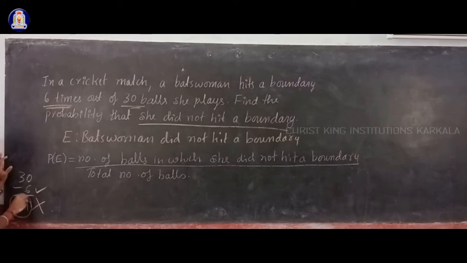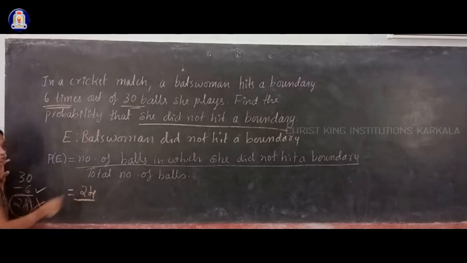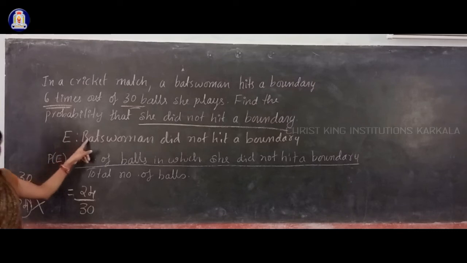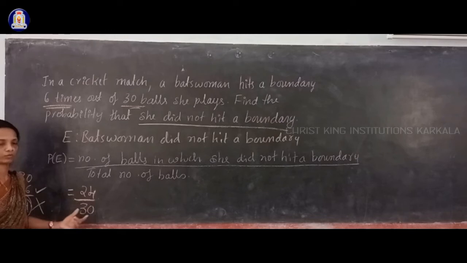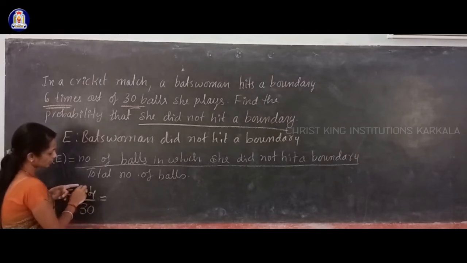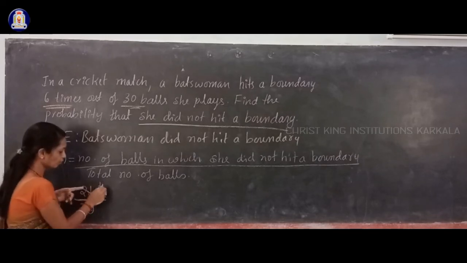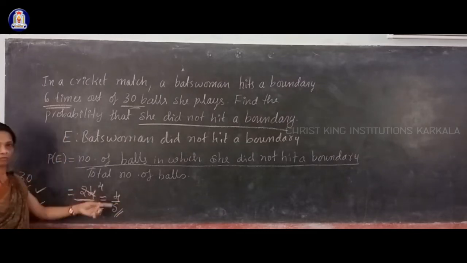So the number of balls in which she did not hit a boundary is 24, divided by the total number of balls, which is 30. This is the probability that she did not hit a boundary. The answer is 24 by 30. The simplified form: we can cancel both numbers by 6, 6 fours are 24 and 6 fives are 30. So the simplified answer is 4 by 5.